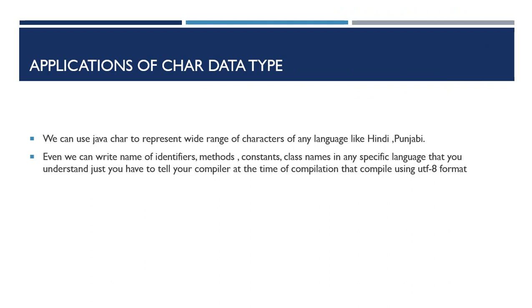As I said, we can write the names of our identifiers, methods, constants, and even class names in any specific language. After writing it, we need to compile it, and when compiling we need to tell our compiler that we are using that particular format.